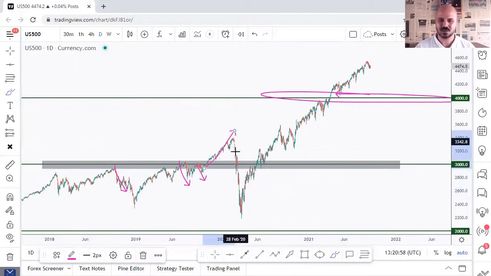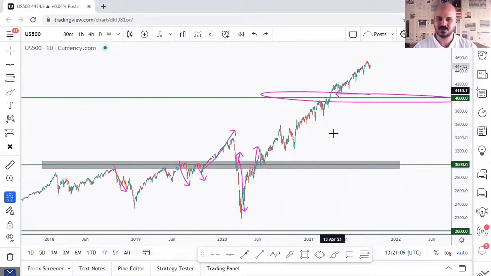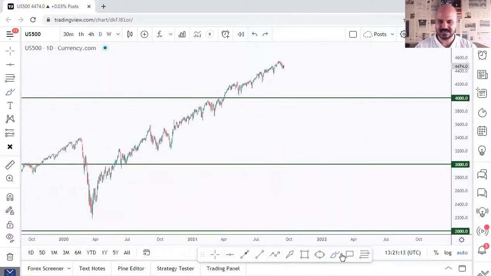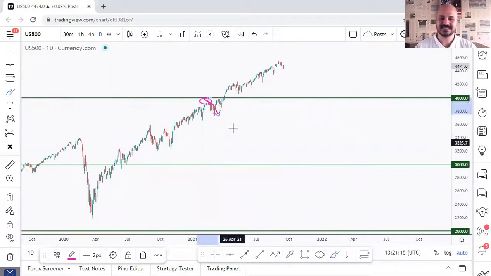Here as well, the price broke it upward. It acted as a support area for a small period of time. Then price broke it down, then upward again, acting as support again, and then price took off from it. And around the 4K as well, we've got a rejection from it as a resistance, then price broke it upward, now acting as a support area and took off from it.